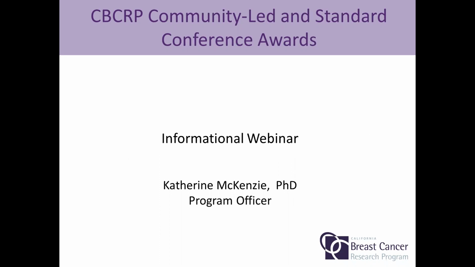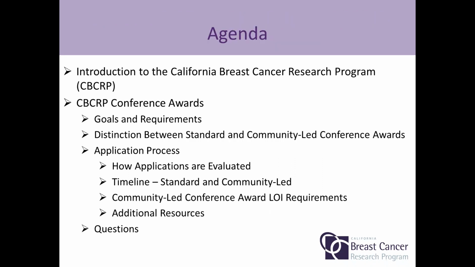So I'm going to tell you about both our community-led conference award and our standard conference awards. The webinar is going to cover a brief introduction of CBCRP, and then it's going to go through the conference goals and requirements. Then we're going to look at the distinction between the standard and the community-led conference awards.